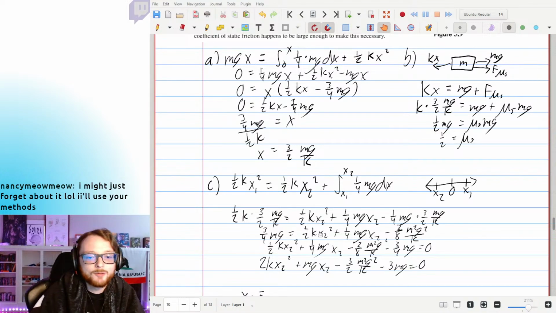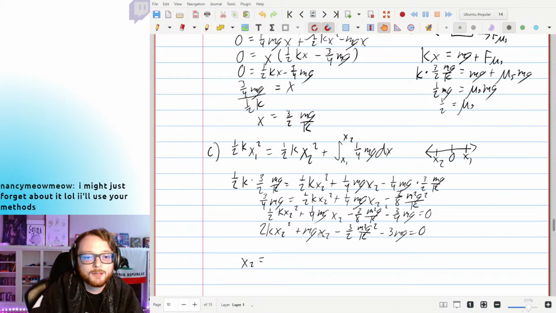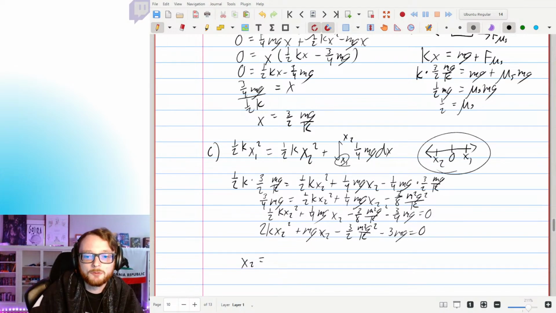Okay, maybe the issue. So I think I was worried about the bounds of this integral. I was drawing a little number line here because the x1 and x2 are going to have opposite signs here. So I wonder if the way that we assure ourselves of what we want here is to use some absolute values, and I guess we need to make the upper bound like that.